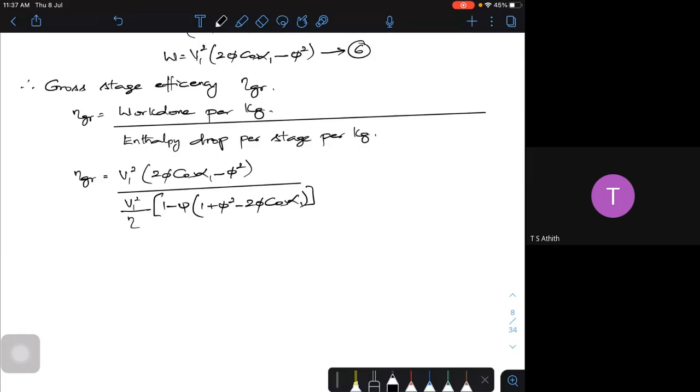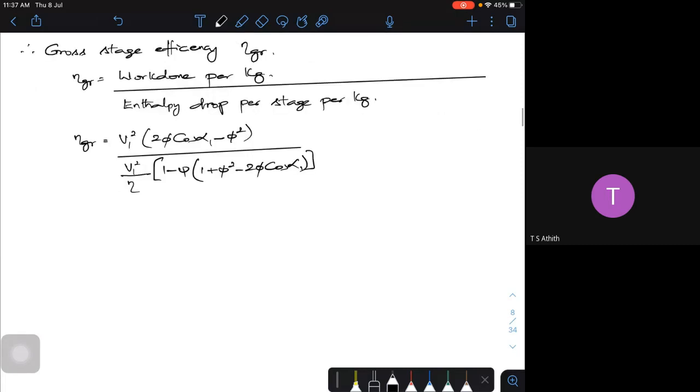V1 square simply cancels out, and the denominator of this thing will go to the numerator. Your gross stage efficiency is equal to the nozzle efficiency, or simply the efficiency, into 2 phi cos alpha 1 minus phi square, whole thing divided by 1 minus psi into 1 plus phi square minus 2 phi cos alpha 1.